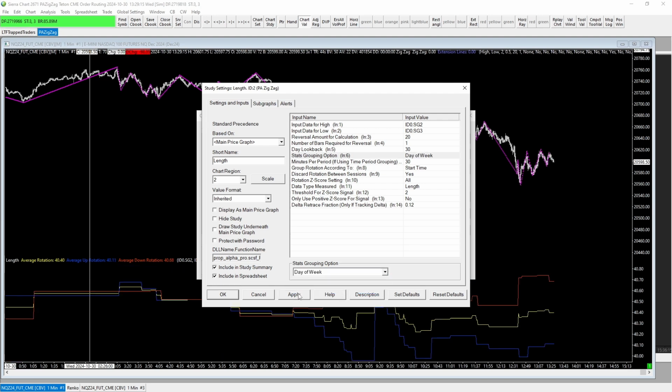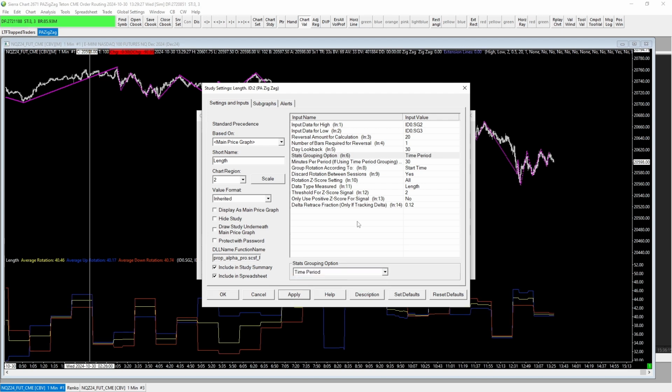Or you can throw rotations into the day-of-week average, so it'll compare rotations that all happen on a Monday. I like time period for intraday strategy analysis, and 30 minutes is nice because it reflects the fact that TPO traders use 30-minute periods.